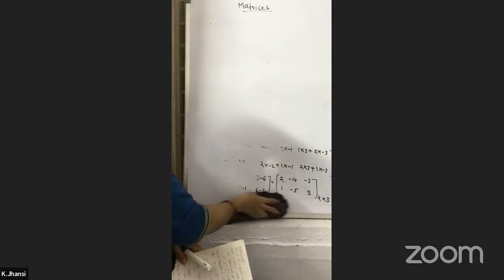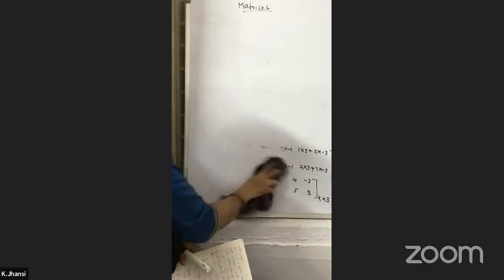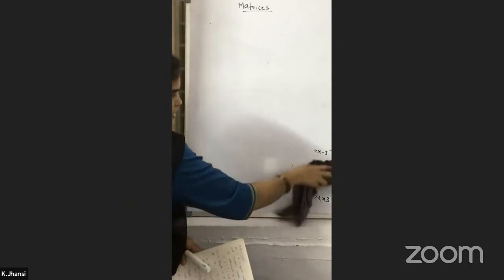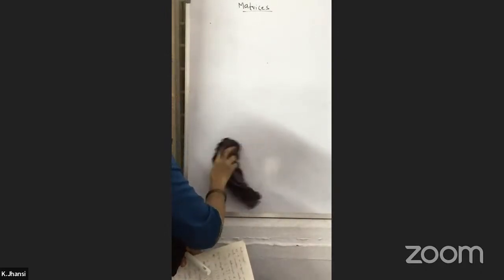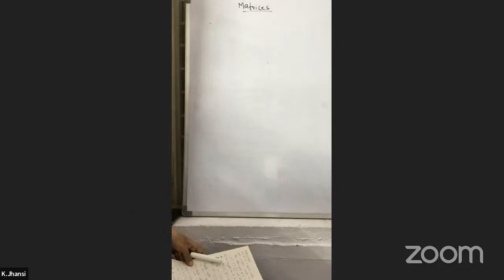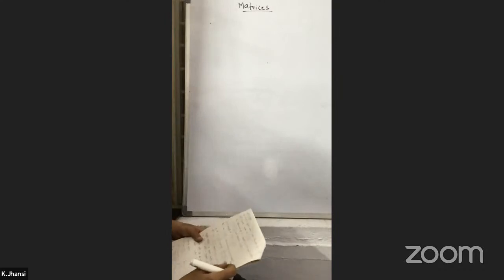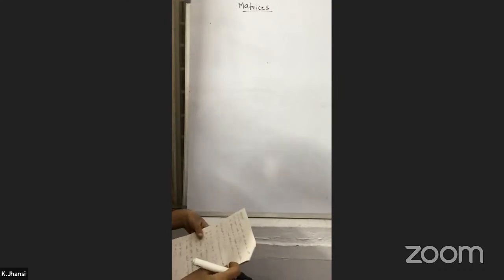Even the determinant of a matrix or inverse of a matrix can be found only for square matrices. So for square matrices only, it is possible to find the determinant or inverse of the matrix.